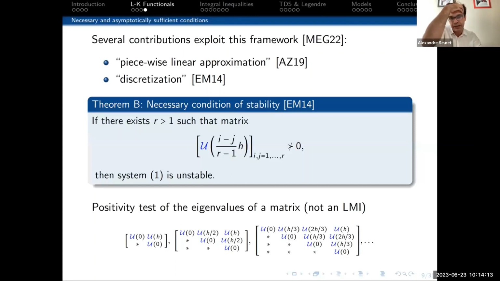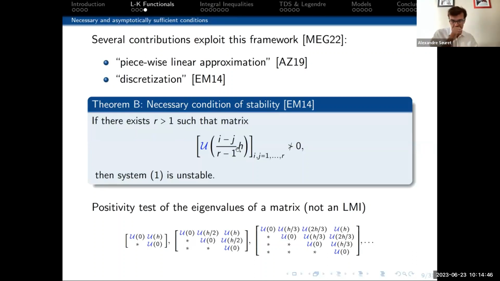This theorem says that if you can find an integer R greater than 1 such that this matrix is not positive definite, then the system is unstable. This condition can be seen as a necessary condition for stability, and it ends up as an estimation of the point where your system is unstable.